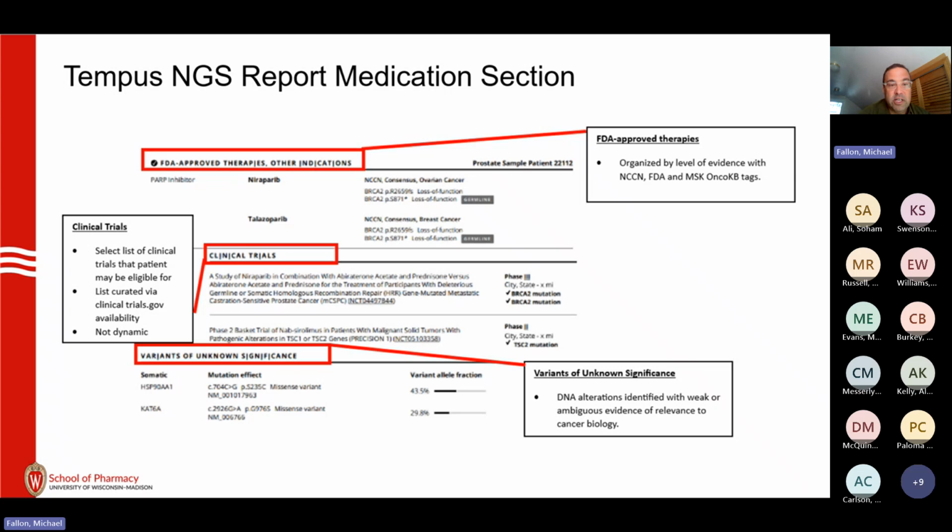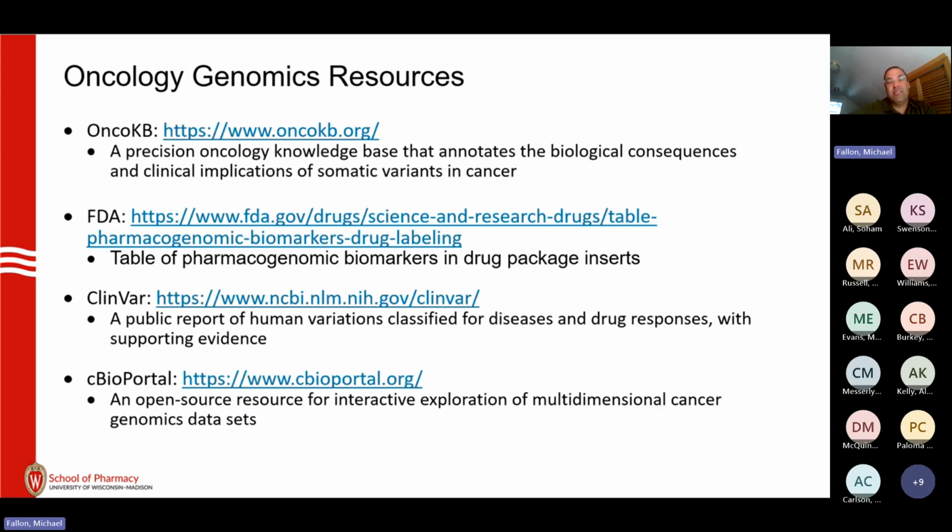So the medication section, which is what pharmacy is looking at, covers FDA approved therapies, clinical trials, and VUS annotations. Genomics resources: our most commonly used one is OncoKB.